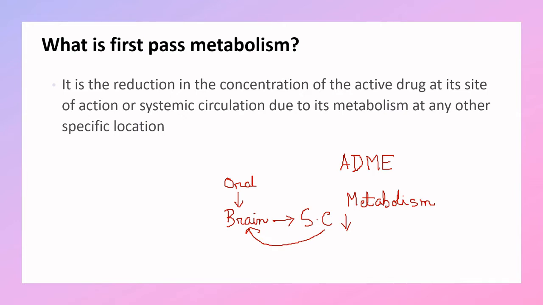So after metabolism, a drug is supposed to be eliminated. In most cases, once there is metabolism of the drug, the drug will ultimately be converted to a water soluble compound, so that this compound can be eliminated by the kidneys.